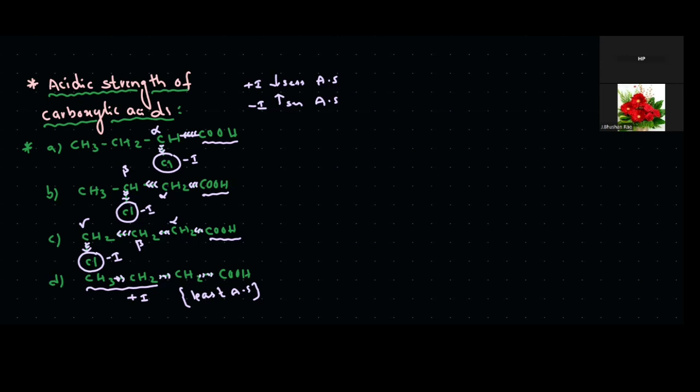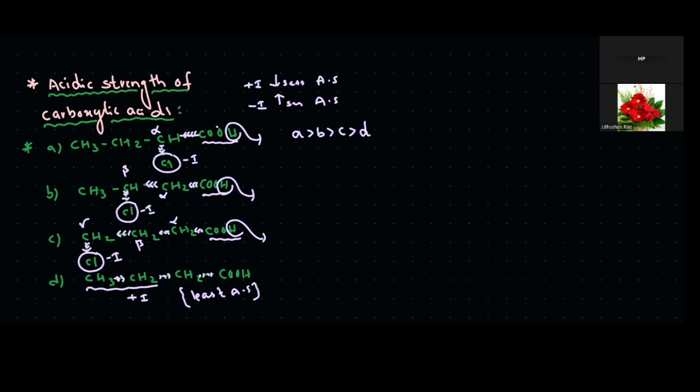So this group easily releases the H plus ion. After that, the second compound releases the H plus ion more easily than the third. So the answer is: A is more acidic than B, B is more acidic than C, and C is more acidic than D. This is the stability and acidic strength of the carboxylic acids.